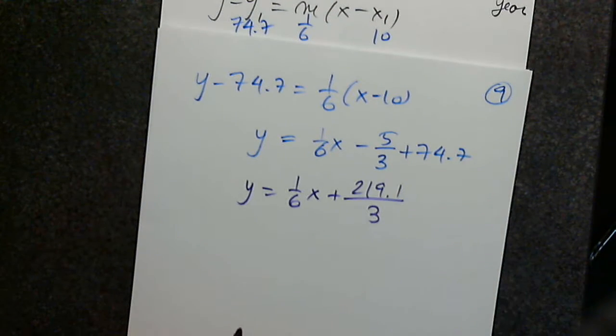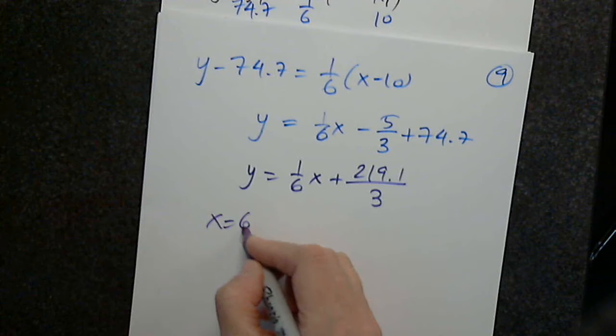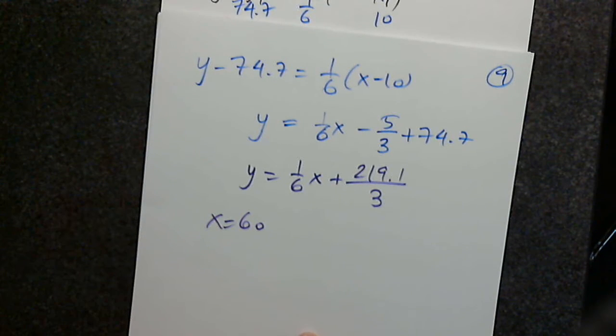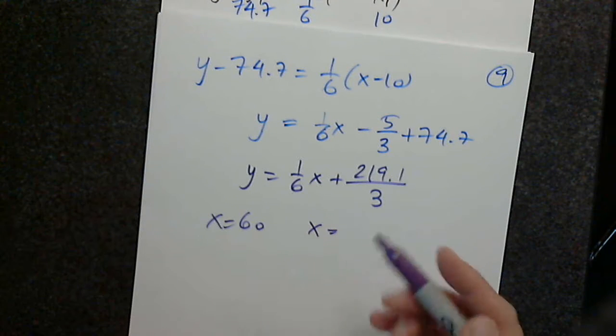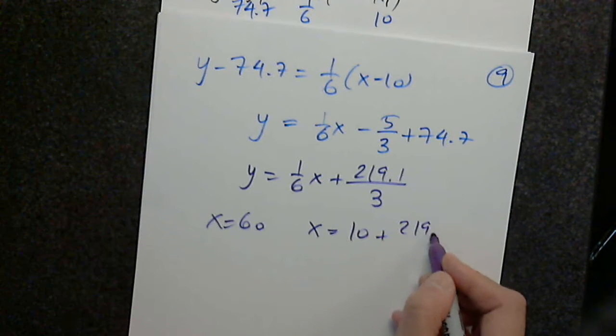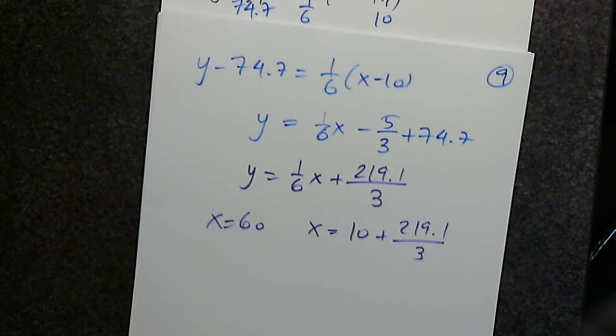This times this minus 15. Oh yeah, of course, 3 times minus 5, that's correct. Okay, so now they're asking us to plug in 60. That's all they want. So x equals 60 divided by 6 is 10 plus 219.1 divided by 3. And I have to add 30 to that, right? So 30 plus that.